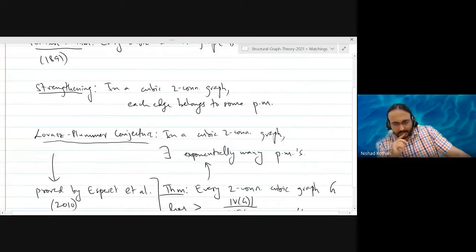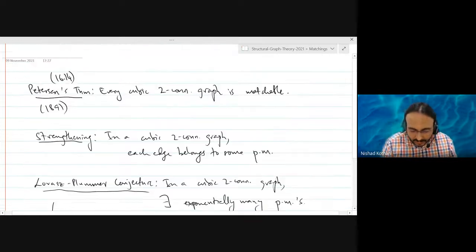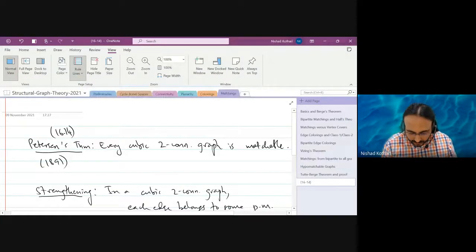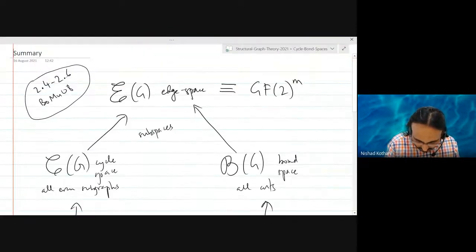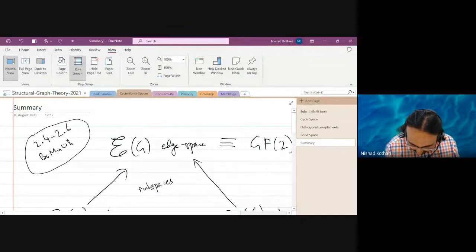Some conjectures that are still open, and they are similar to conjectures we have seen at the beginning of this course. So let me go back to cycle and bond spaces, and yeah, I think we talked about the cycle double cover conjecture at some point. Actually, maybe it is in connectivity.